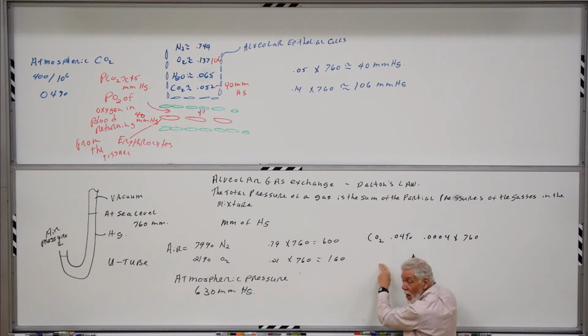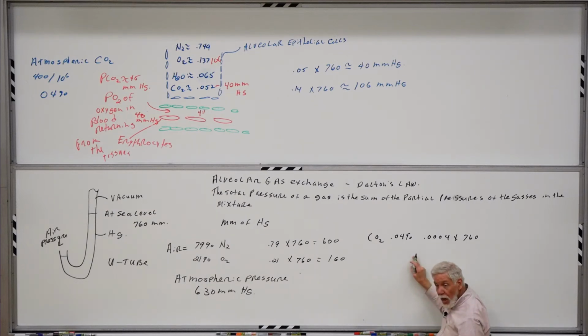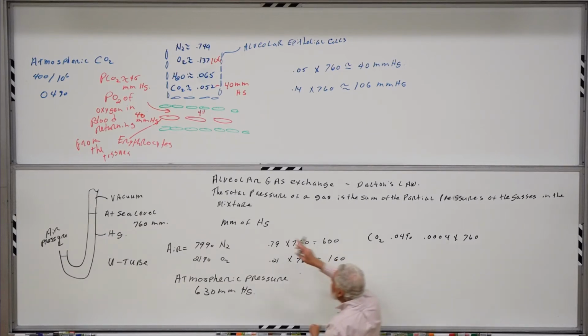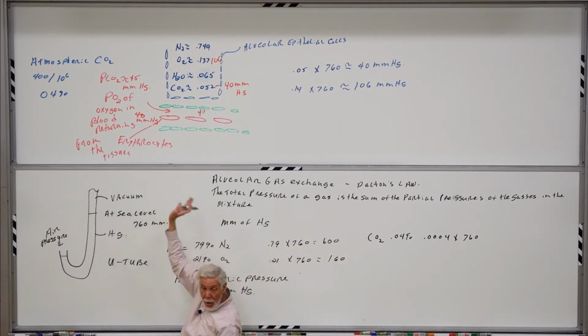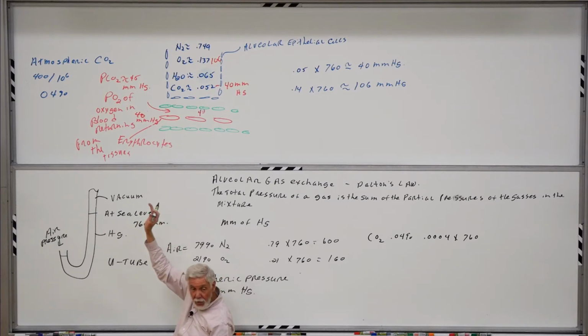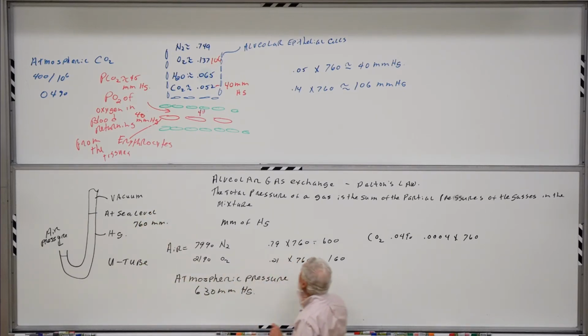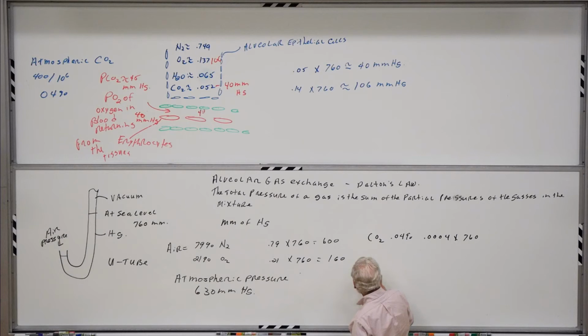But down in the lung, because we have so much carbon dioxide generated in the tissues, and we're basically moving the carbon dioxide back to the lung to expel it, to get rid of it. Under those circumstances, the partial pressure of PCO2 is in the neighborhood of about 5.2%.